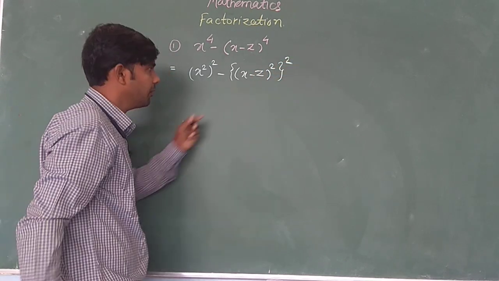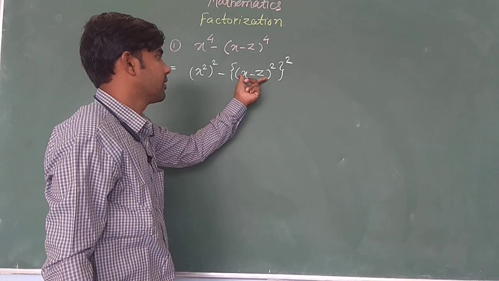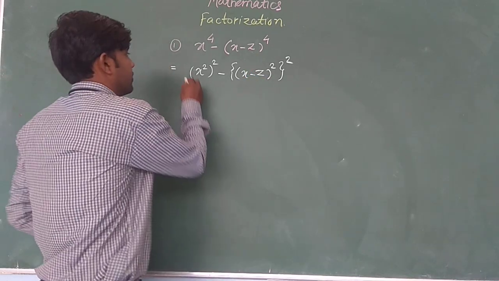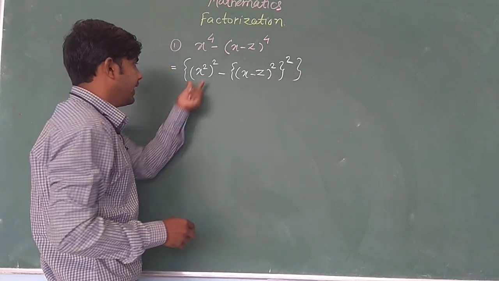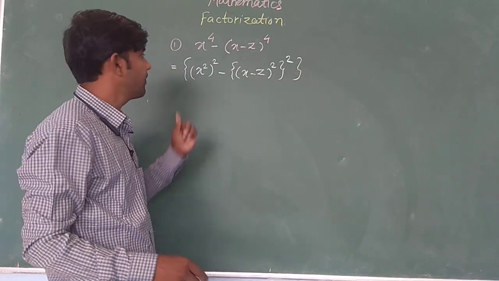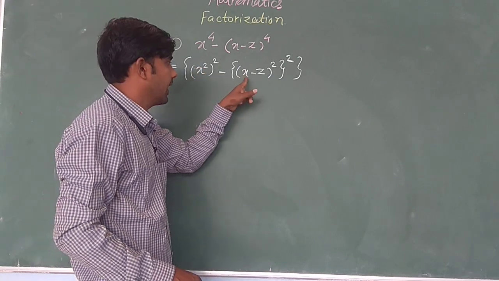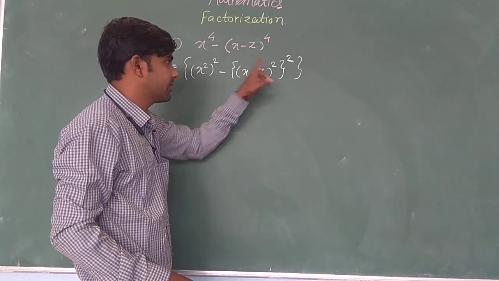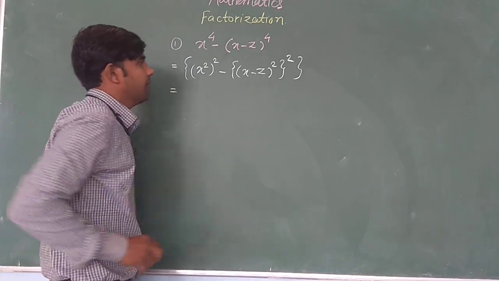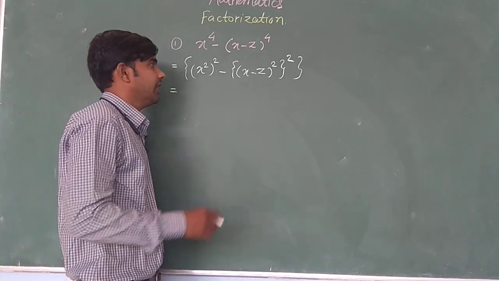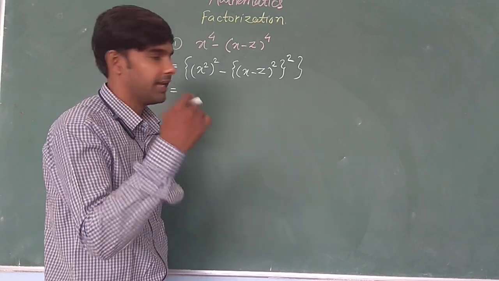We put a curly bracket here because we have to separate this bracket and that bracket. So this is your first step: a square minus b square, where a square is x square and b square is (x minus z) whole square. Got it? Now we use the third identity, a square minus b square equals (a plus b)(a minus b).